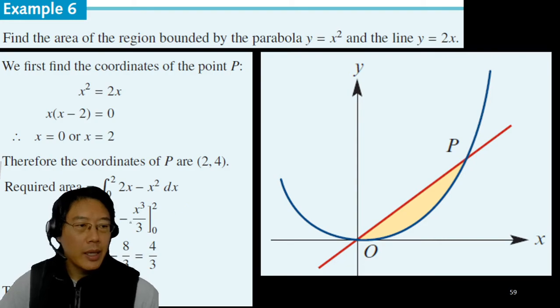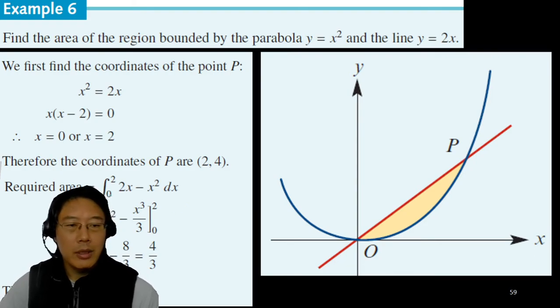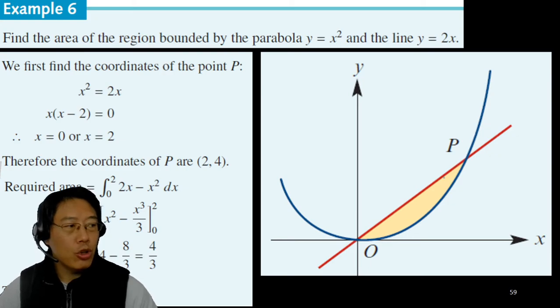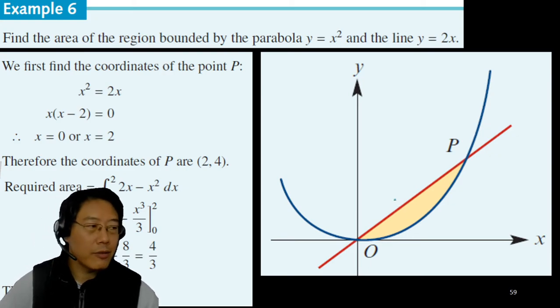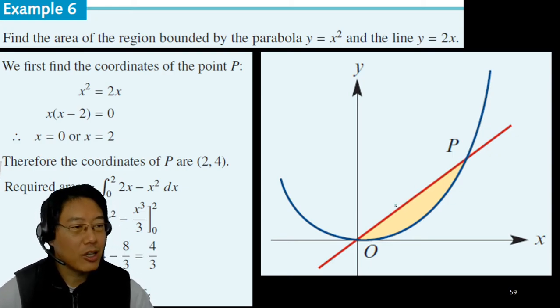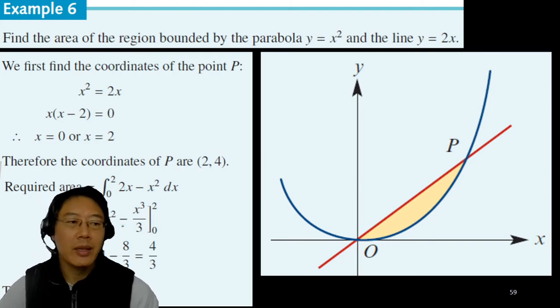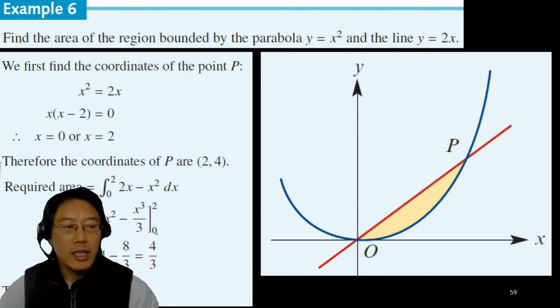Anyhow, to find the area, it's an integral from 0 to 2. The function inside your integral will be the difference between the two. Because you know the straight line from the graph, let's say from the graph you can see the 2x is greater, so you start with 2x and you take away your x squared. You anti-differentiate that. 2x becomes x squared, x squared becomes a third of x cubed. It's from 0 to 2 with your square bracket.